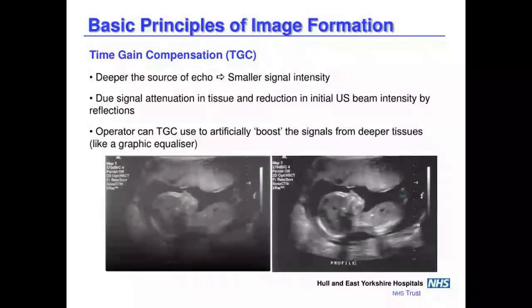Every time you increase the number of bits, it means you are increasing the pixel depth. The same applies to dynamic range, which means you are improving the contrast resolution. The dynamic range means you are enhancing the contrast resolution.